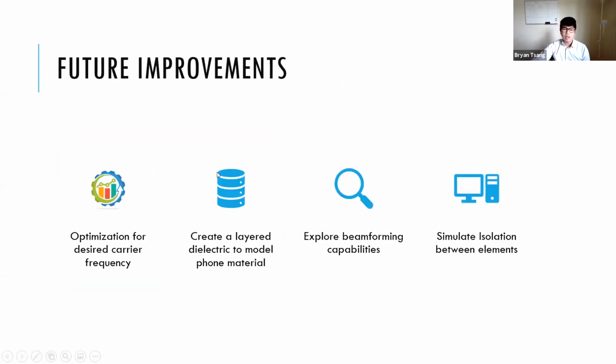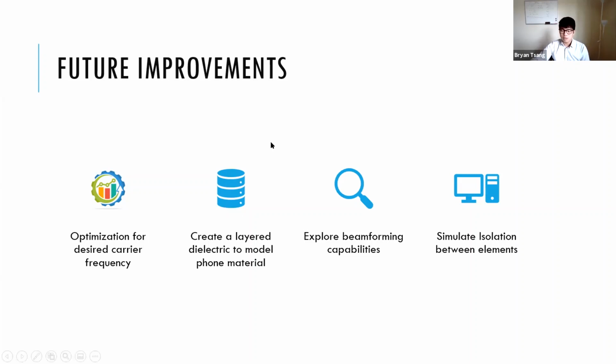Some future improvements include, if I had more time to work on this, I would optimize my antenna designs for the desired 3.5 gigahertz or 28 gigahertz. Something else I would do is create a layered dielectric to accurately model my phone material, because phones are made up of a bunch of different materials, and if I took the percentage of each of them and layered them on top, I think it'd give me more realistic results.